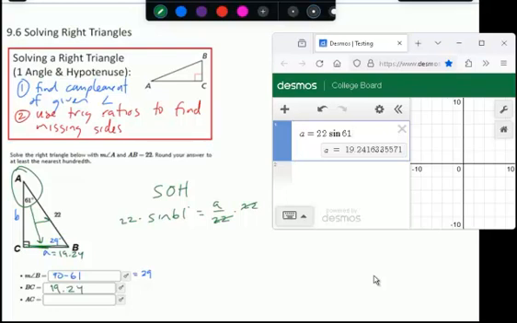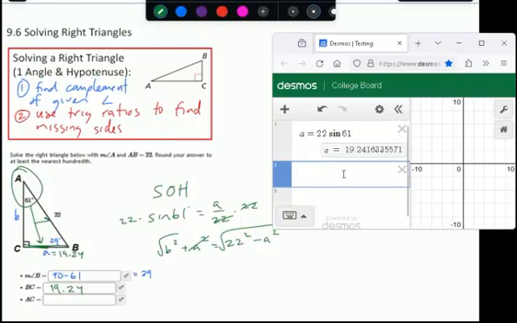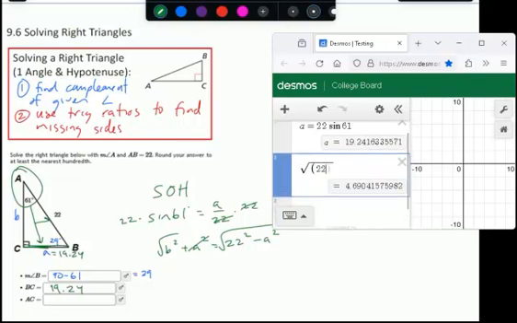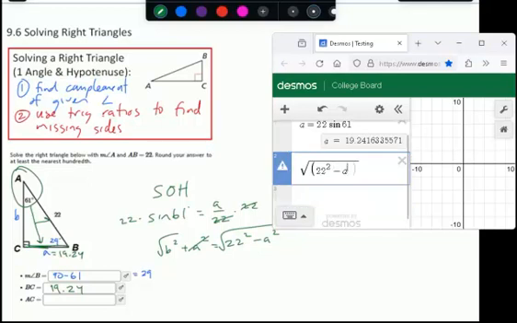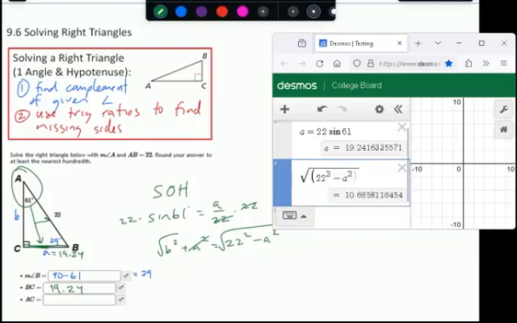And if I wanted to use the Pythagorean theorem, I could say that b squared plus a squared is equal to 22 squared. Subtract a squared from both sides because I know what that is, and then extract the root. So for AC, I could type the square root of 22 squared minus a squared. I've already assigned a squared a value, so I get approximately 10.67.